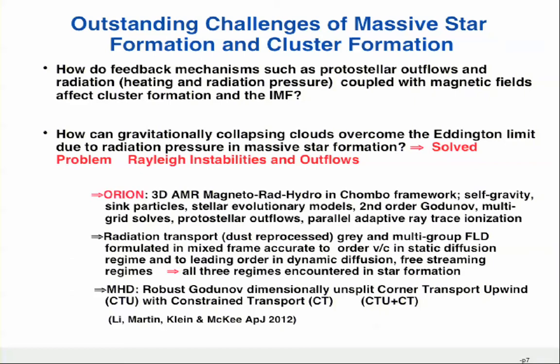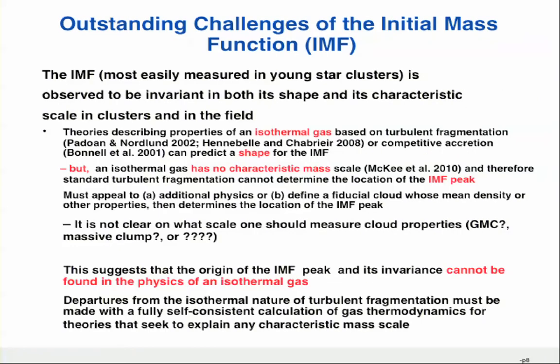Our MHD is a very robust Godunov dimensionally unsplit corner transport upwind method, and it has constrained transport, which guarantees to machine accuracy the constraint of div B equals 0. This permits us to get to very high supersonic Mach turbulent flows in a very stable fashion.